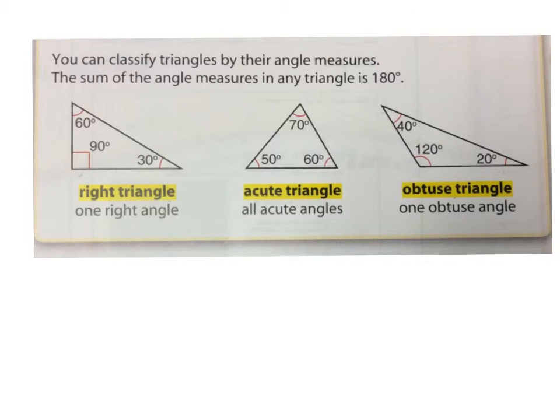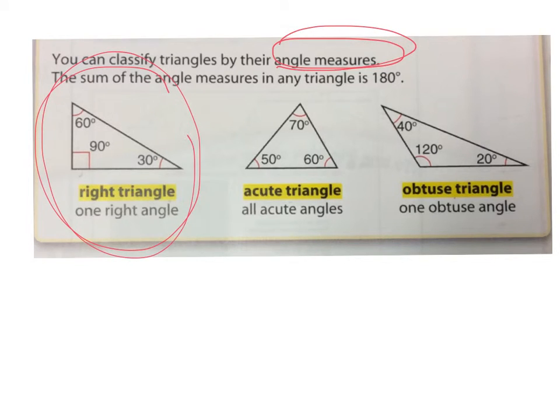You can also classify triangles not only by the lengths of their sides, but also by their angle measures. Okay? Now, just to remind ourselves, the sum of the angle measures in any triangle is how much? 180. Okay. So you can have a right triangle where you have one right angle. And we talked about this a little bit last week, right? Yes.